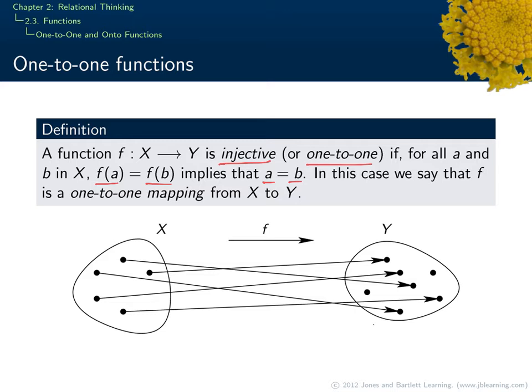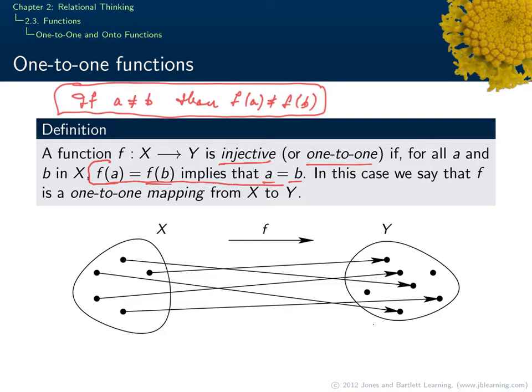An equivalent way to phrase that is by saying that if the inputs are different, then the outputs must also be different. You might recognize that this statement here is the logically equivalent contrapositive version of this statement.